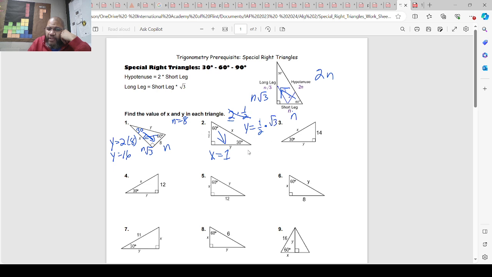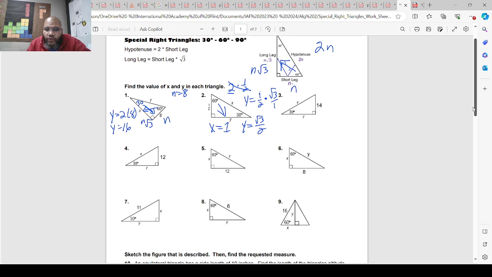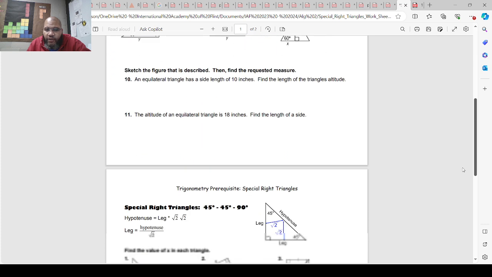So what ends up happening is y is going to be the square root of 3 over 2. Because when you multiply 1/2 times the square root of 3 over 1, you get the square root of 3 over 2. You just multiply top times the top, bottom times the bottom. Bada boom, bada bing. So you should be able to do the rest of those.